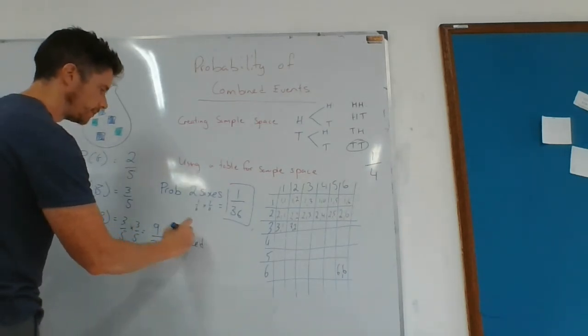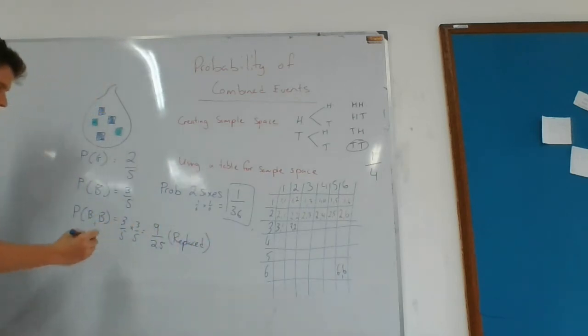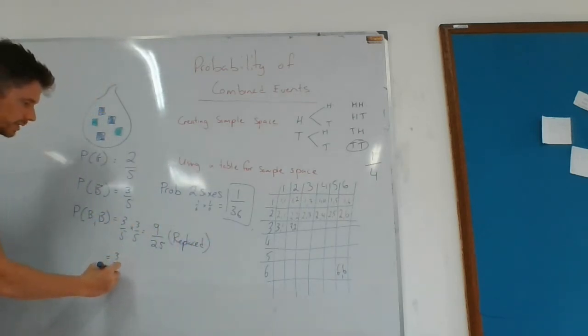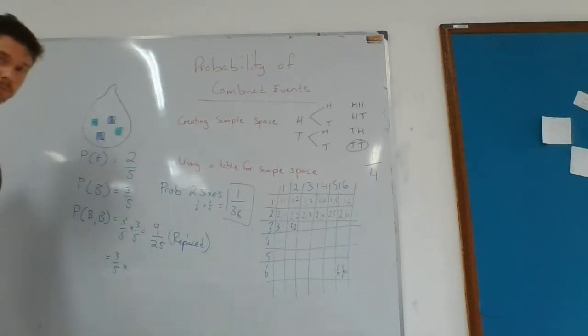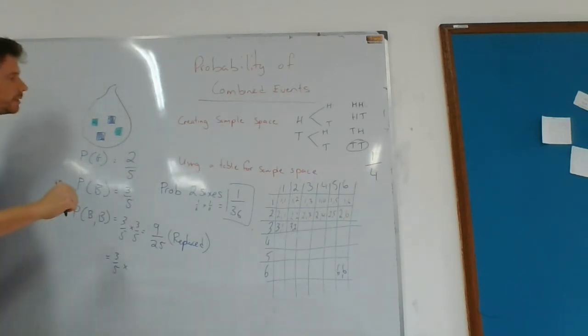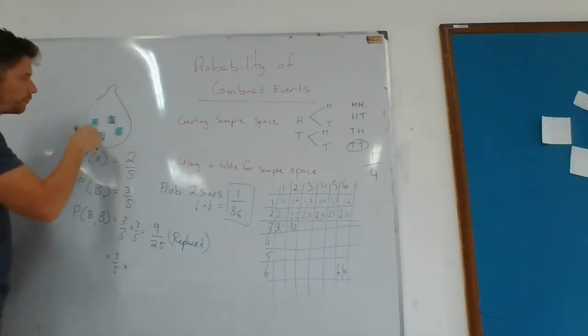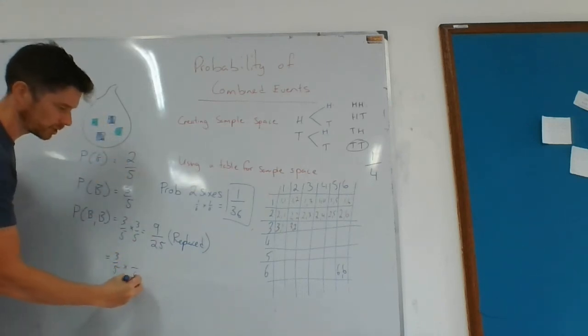Put back in. If it's not replaced, well, the first one would still be a 3 chance in 5 when you put your hand in. And I'd multiply that by, well, remove one of the blues. That's one of the ones I picked out. Has my probability changed? Yes. There's only 4 possible outcomes, so 4 is at the bottom of my fraction.